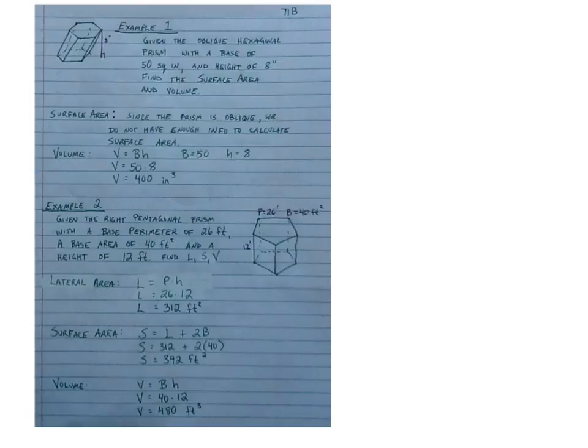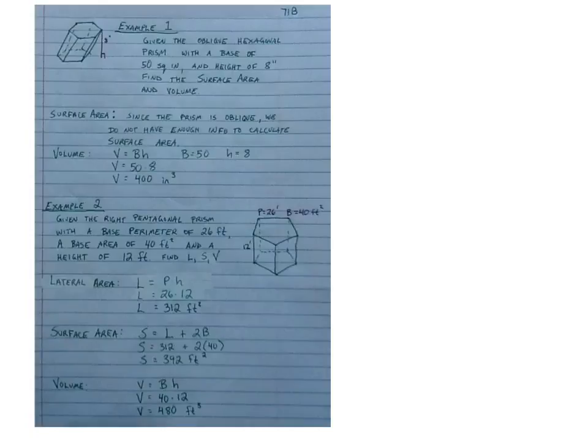Example 1. Given the oblique hexagonal prism with a base of 50 square inches and a height of 8 inches, find the surface area and volume. The surface area we actually can't do because it's oblique, and we don't have any formula for oblique prisms.